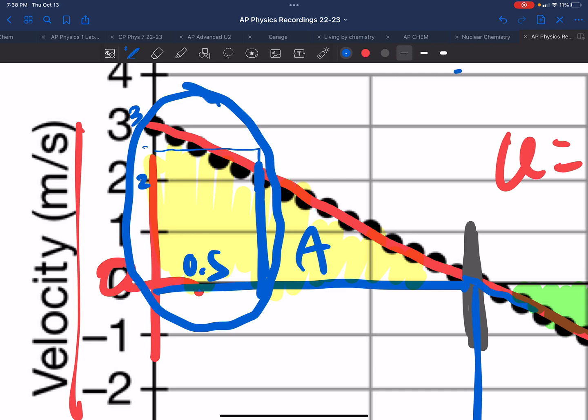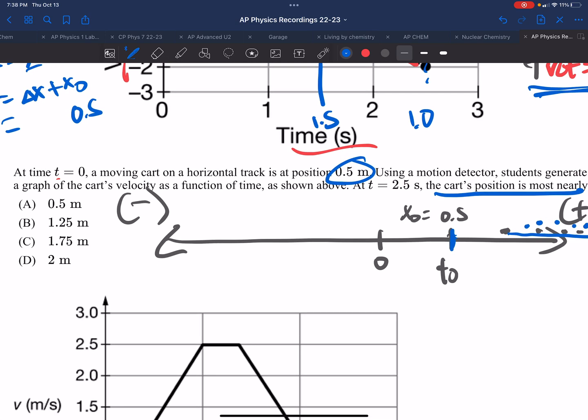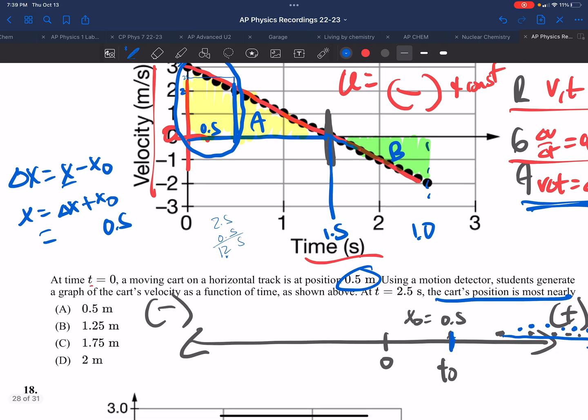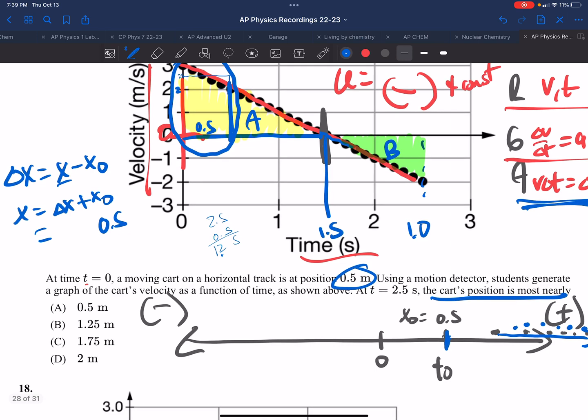So we have a 2.5 height by a 0.5 width. So that area is going to be 2.5 times 0.5, and that's going to be 1.25. So we have an area, which is the displacement, of 1.25 plus 0.5, which is 1.75 meters. Choice C.